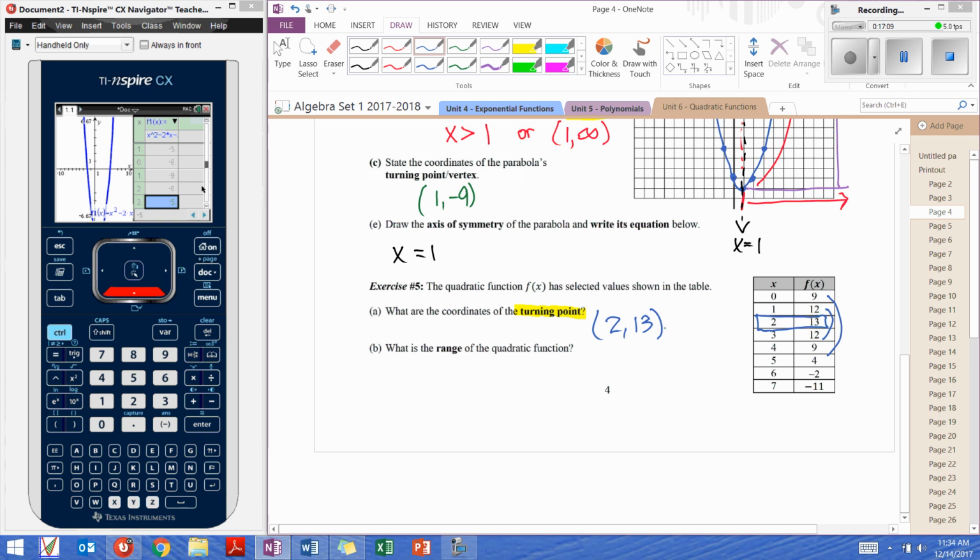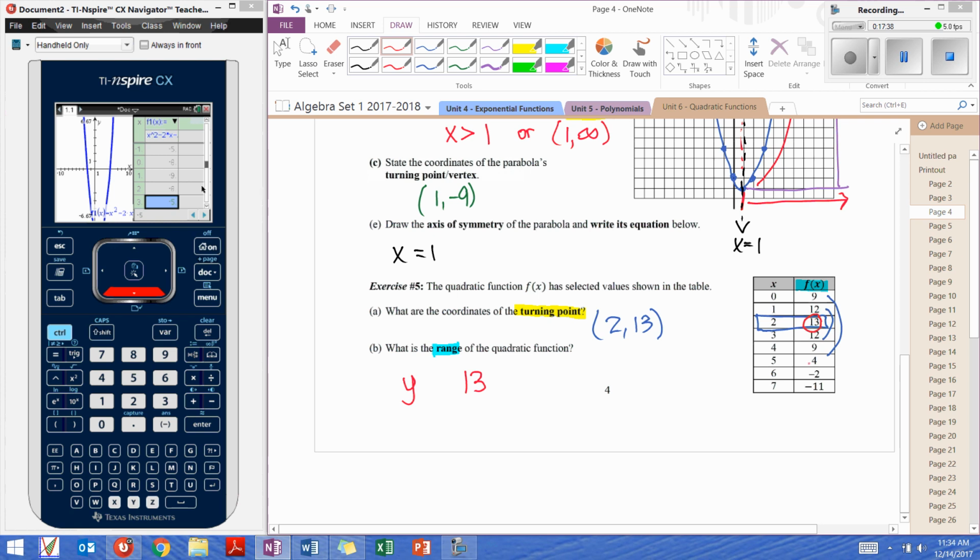And then the range, remember, we can see in the y values. Let me highlight that in a different color. The range would be all of the points compared to that 13. What do we notice about all of these y values compared to 13?